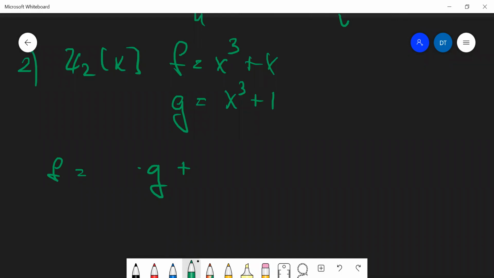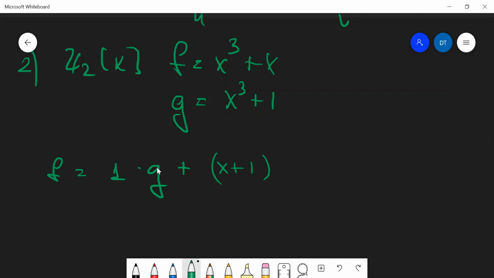What should I write here? Is it clear how to divide the polynomials in this specific case? Yeah, it's 1 times g plus x minus 1, yeah, x minus 1. X plus 1.